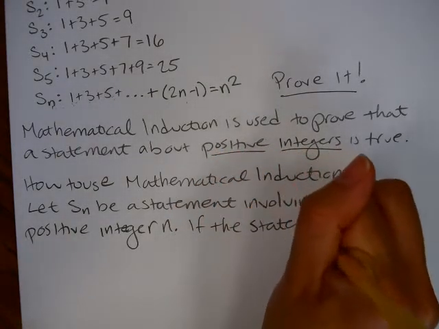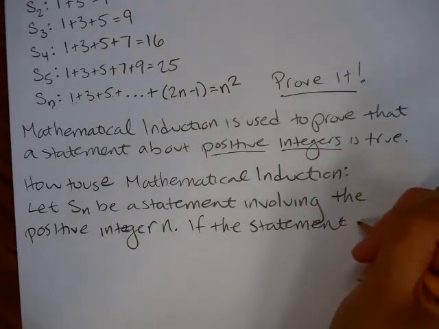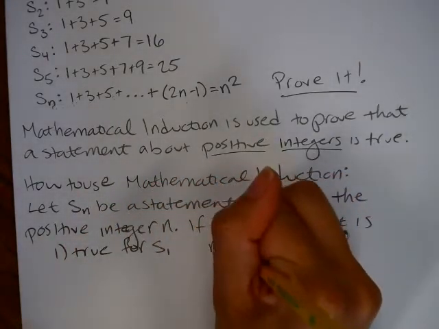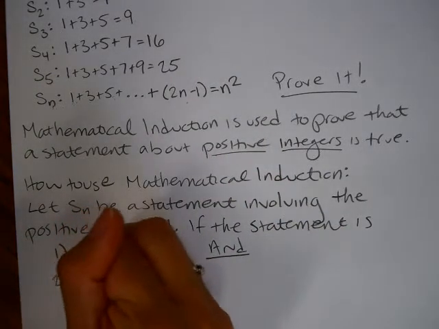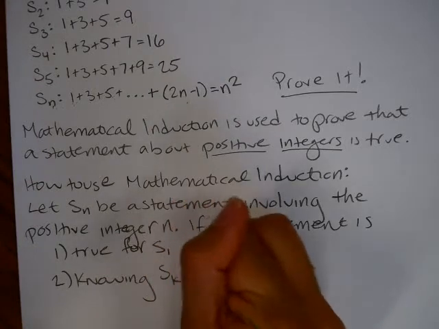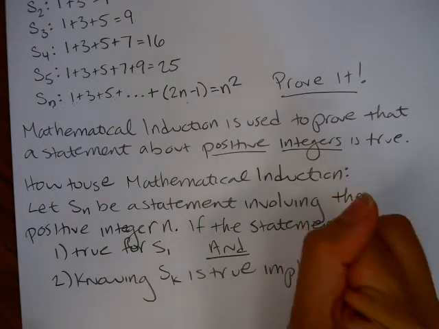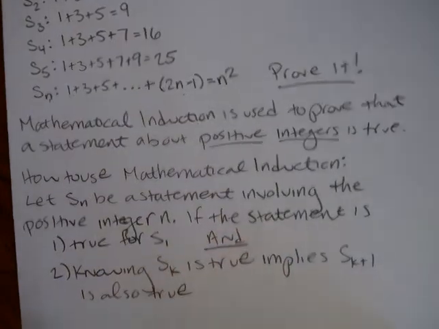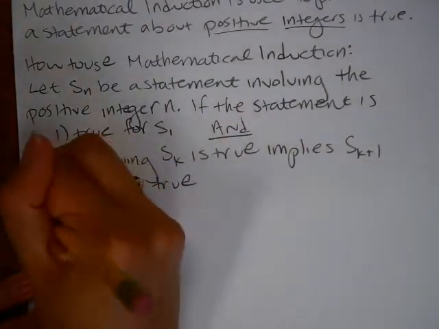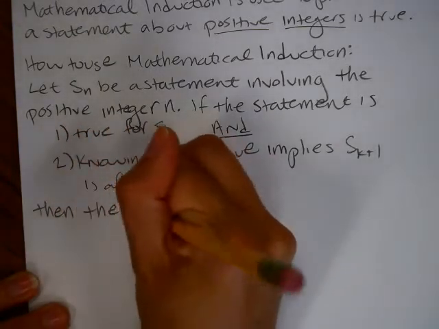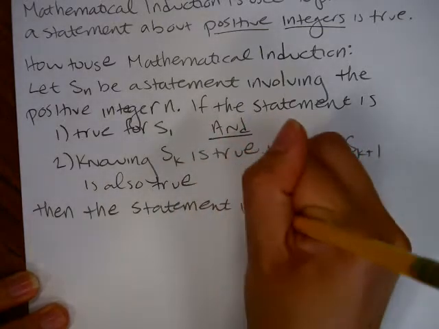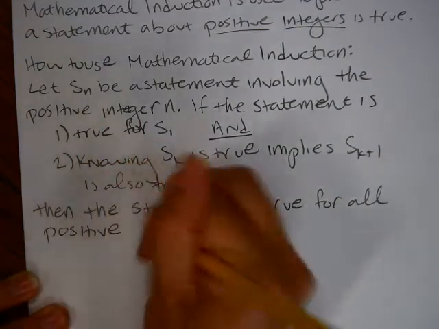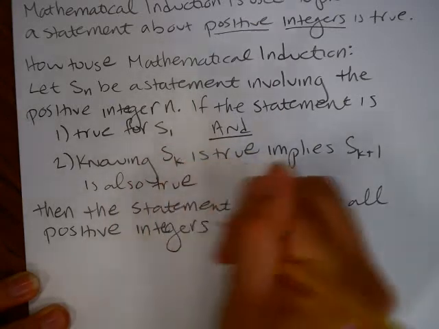If the statement is true for S1, and knowing S sub k is true implies S sub k plus 1 is also true, then the statement is true for all positive integers n.